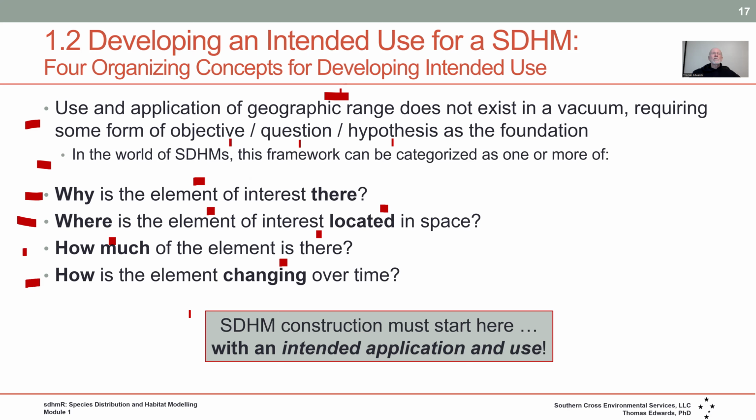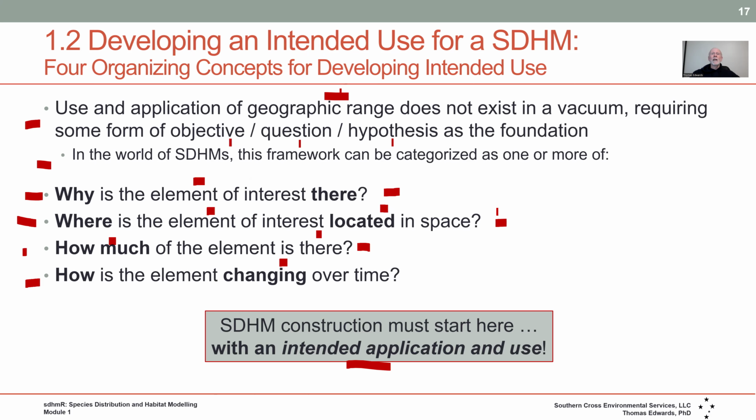And it's a good starting location for you to begin to think about what is going to be the intended use of my habitat model. Am I going to be interested in why? That's our ecological understanding. Where it's located, that's the spatial prediction.